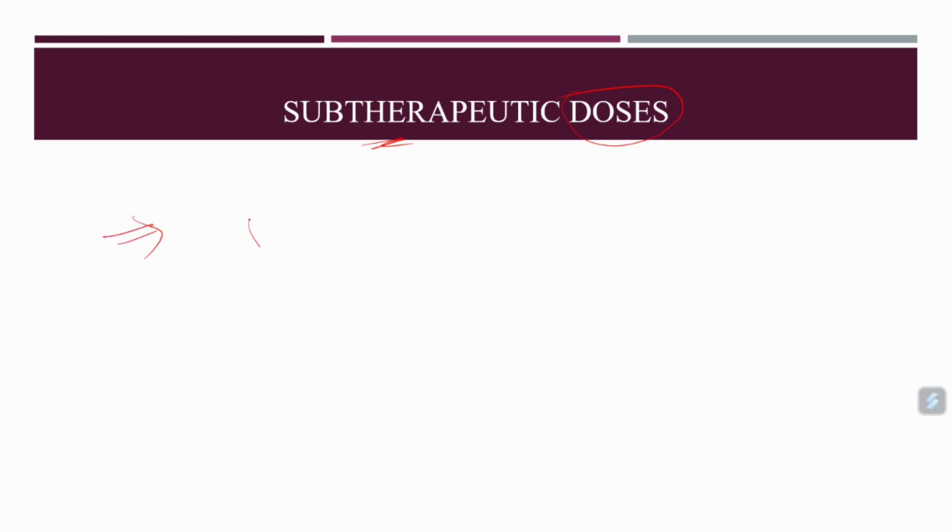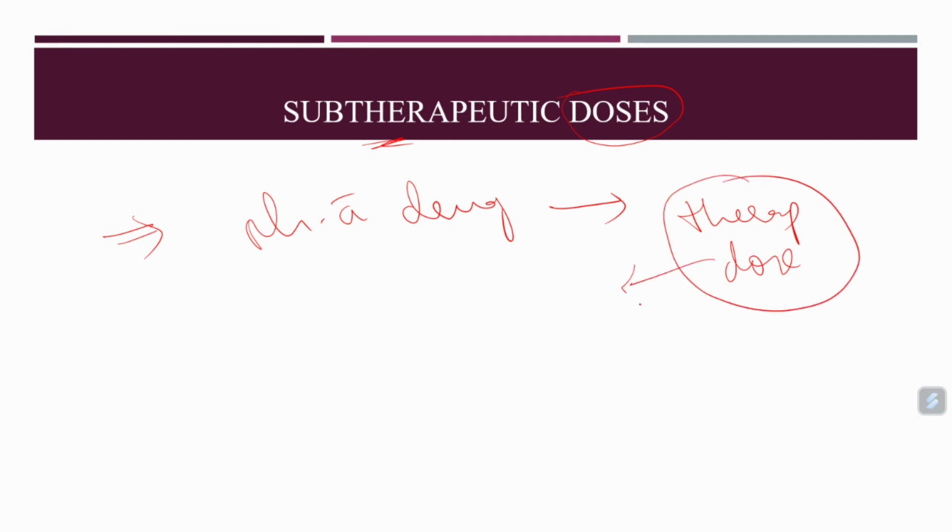And next, we have subtherapeutic doses. This is very important, another medication error that is possible due to subtherapeutic dose. See, to treat the patient or to produce the pharmacological action of the drug, definitely we should try to achieve the therapeutic dose, or we should try to maintain the serum drug concentration.